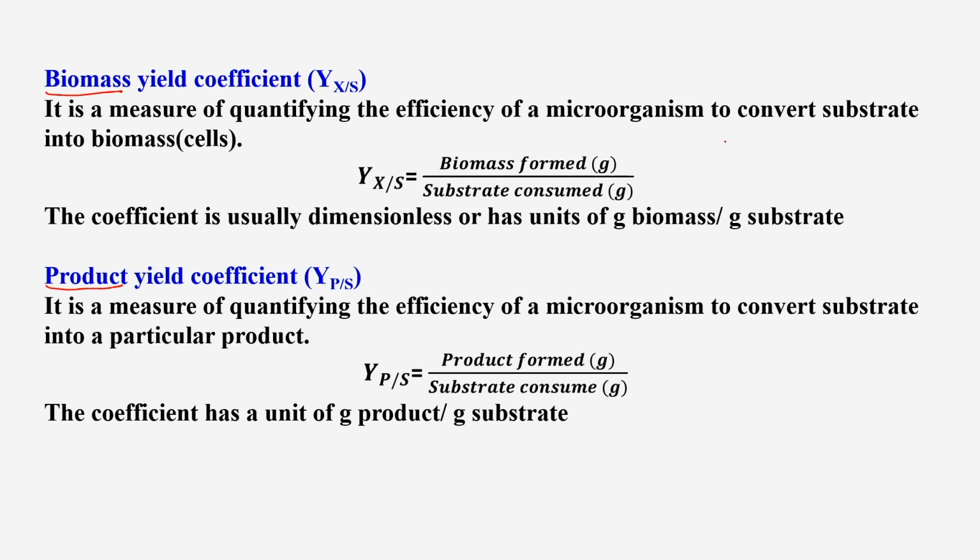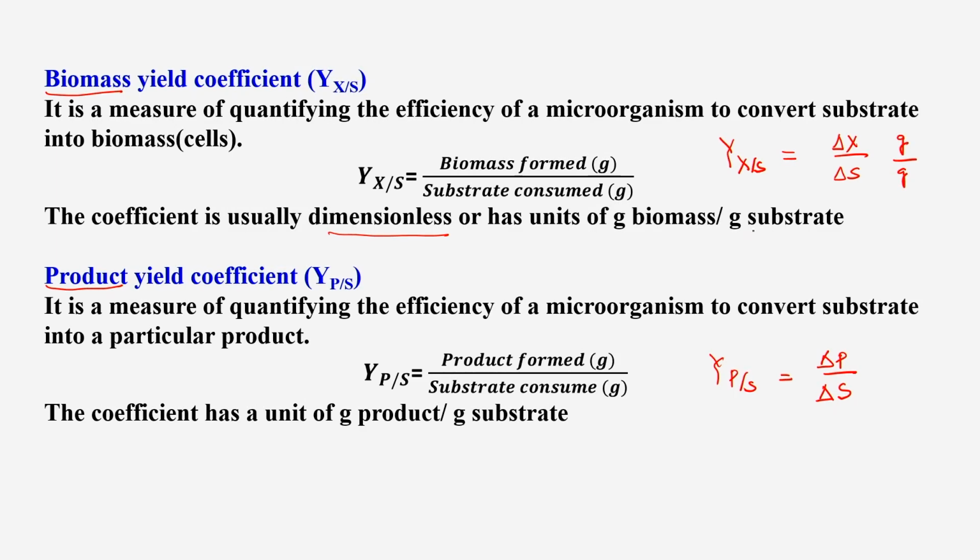One is Y x by S and the second is Y P by S. The x by S means delta x upon delta S, and P by S means delta P, how much product is formed, and how much substrate is consumed. The coefficient is dimensionless and has the unit of gram per gram.